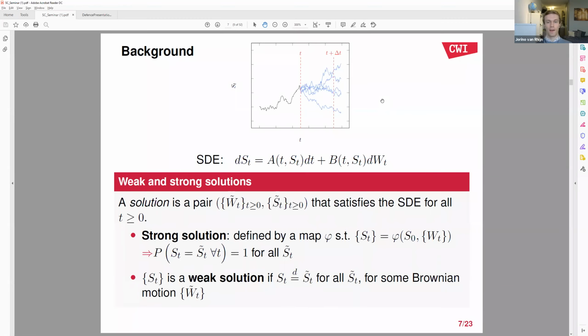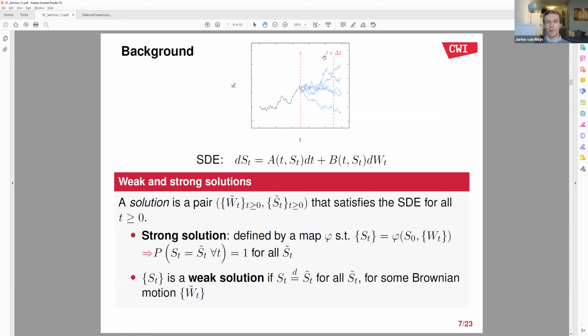But you can also define a different kind of solution. Suppose that you found a process that satisfies the SDE, but at time t is only equal in distribution. It could even be defined on a completely different probability space, but it's still equal in distribution. Then that is called a weak solution.